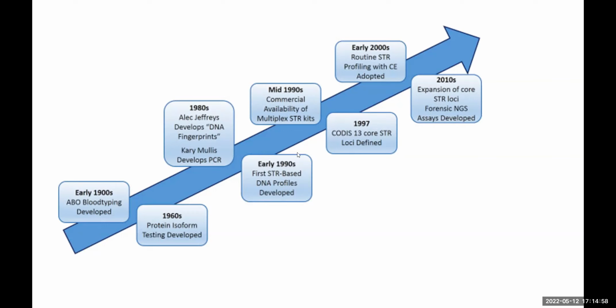Then STR came into existence: short tandem repeats across the DNA. The short tandem repeats could be different in me and different in many human beings, and those short repeats can be used to identify. Then the 13 CODIS core loci were identified. So it's a growing process to develop tools that can give convincing finger-pointing to identify the criminal.